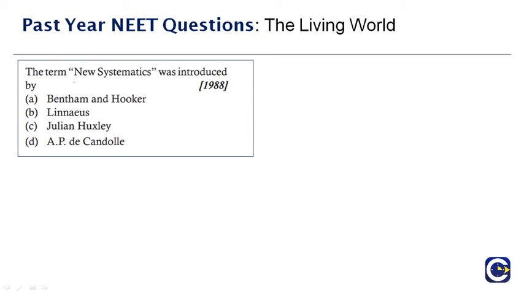Now look at this question. The term new systematics was introduced by dash. Now what does this new systematics tell you? I'll tell you. When I say new systematics, this emphasizes the difference. I will explain in detail.